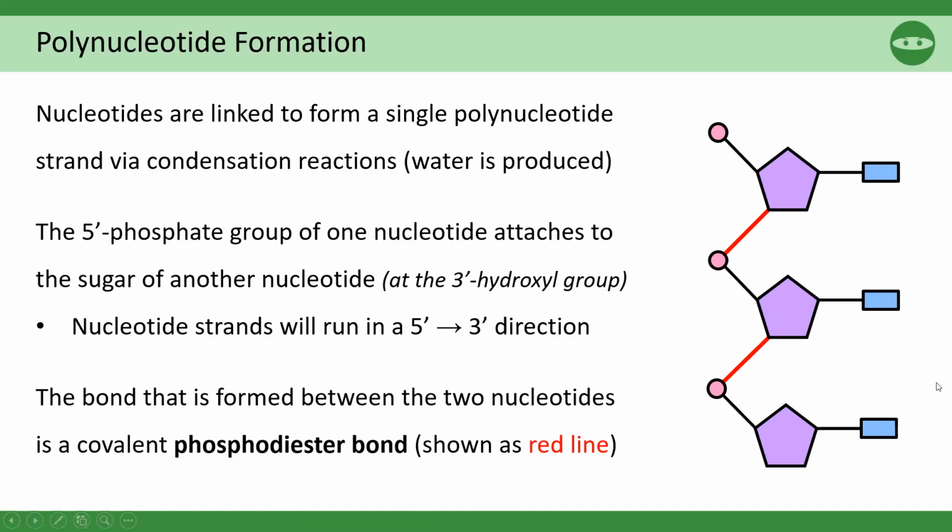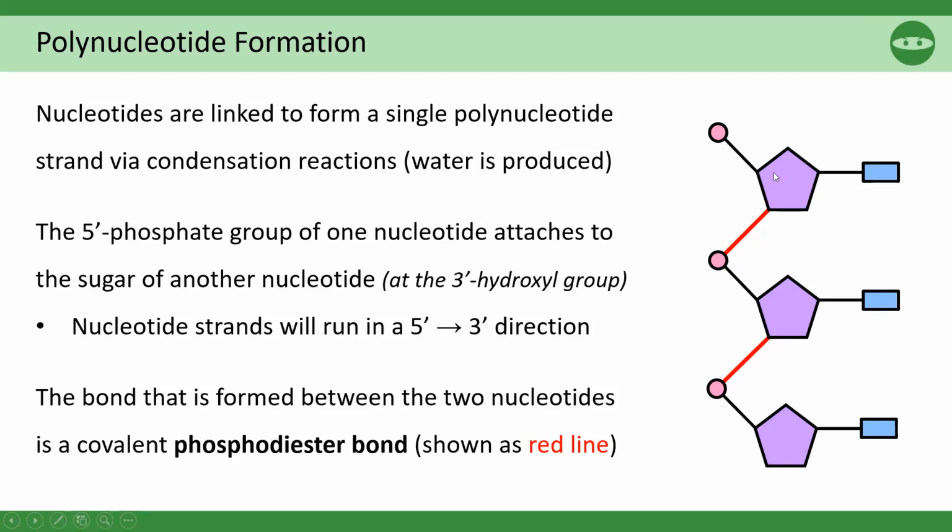Polynucleotide formation. In polynucleotide formation, nucleotides are linked into single polynucleotide strands via a condensation reaction, and water is produced in this condensation reaction. It's a condensation reaction between the OH group on carbon number 3 of the sugar and the OH of the phosphate to form a phosphodiester bond that's represented by a red line here and there.